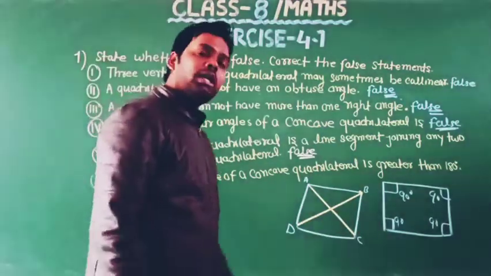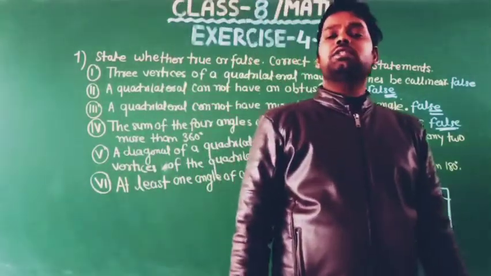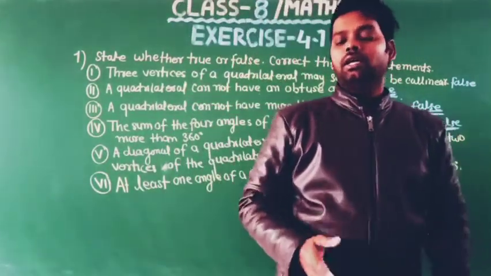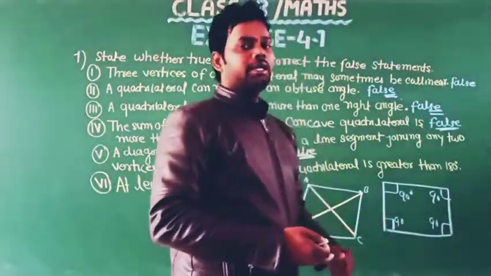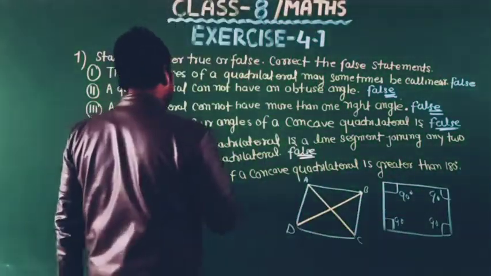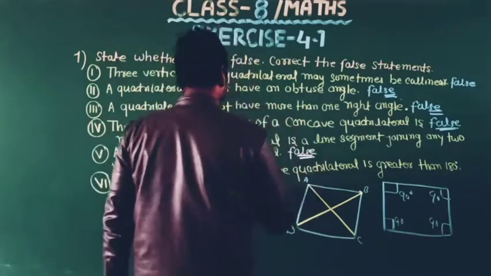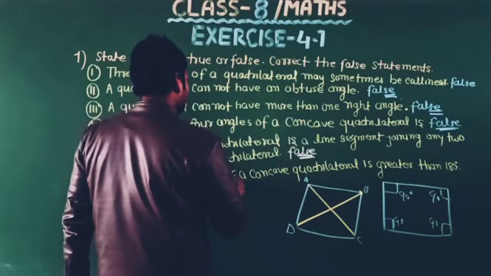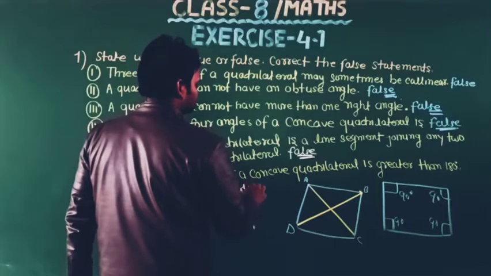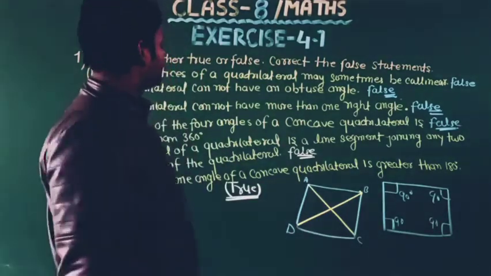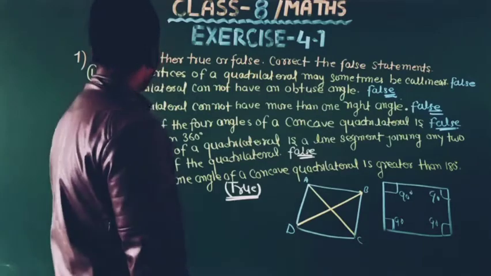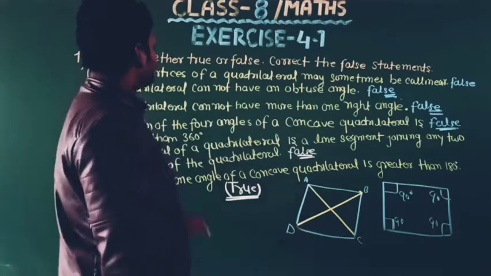The sum of all angles of a quadrilateral is 360 degrees, so we can say any one angle of a concave quadrilateral can be more than 180 degrees. So this statement is true. This is the solution of question number 1.